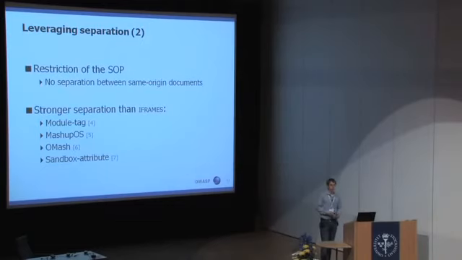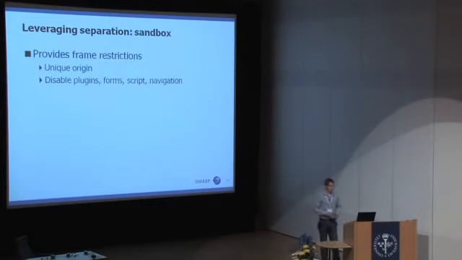But the last one, the sandbox attribute, is a design solution built on the previous ones to achieve this strong separation. The sandbox attribute is an additional attribute to an iframe, so you can strengthen the separation offered by iframes by enforcing that an iframe has a unique origin, and this unique origin allows you to separate multiple components within the same domain.